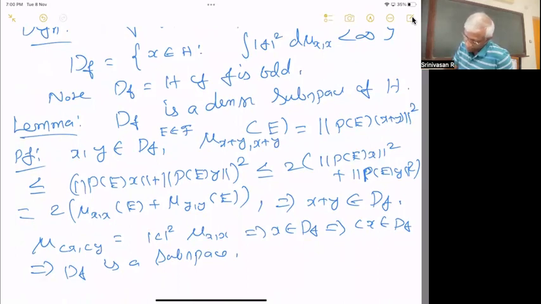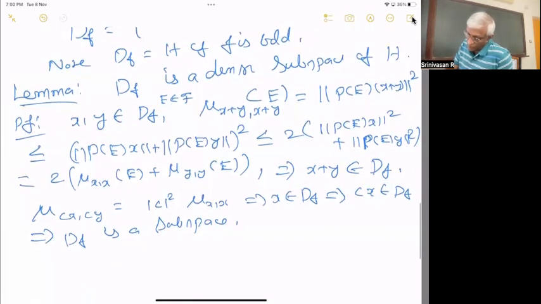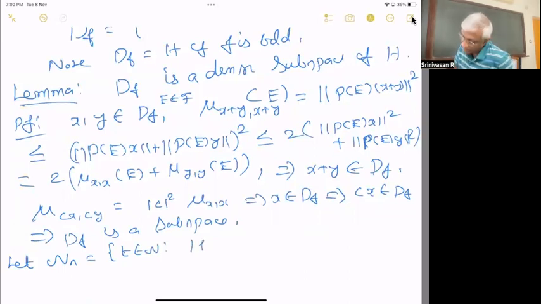So let Ω_n equal the set of t in Ω such that |f(t)| is less than or equal to n. As usual, we make it bounded.